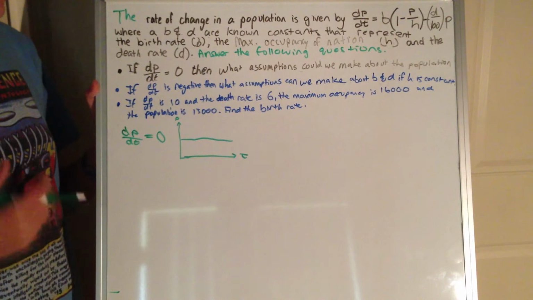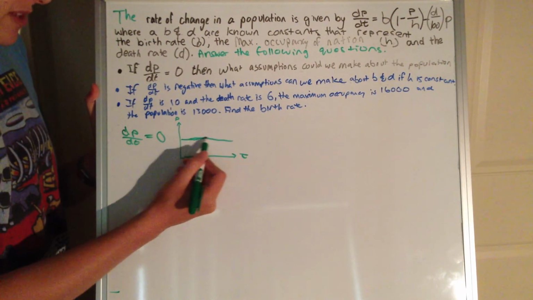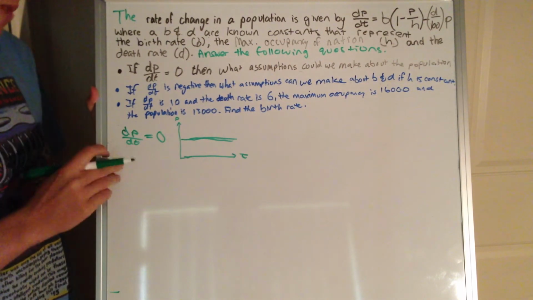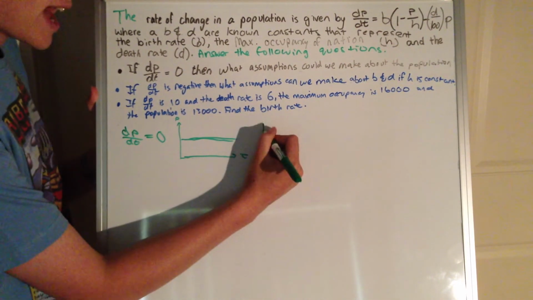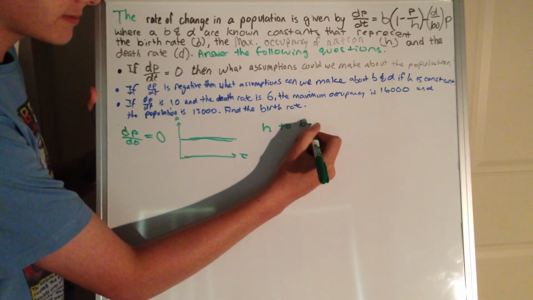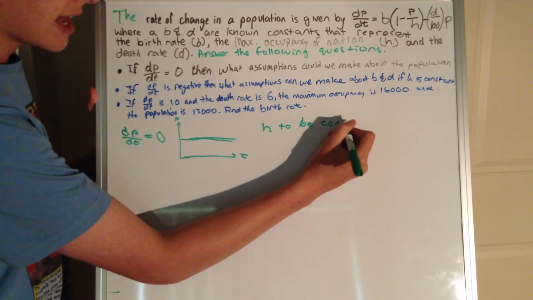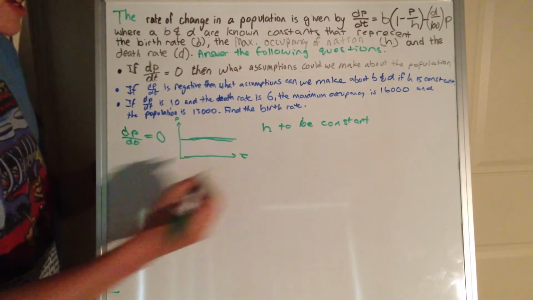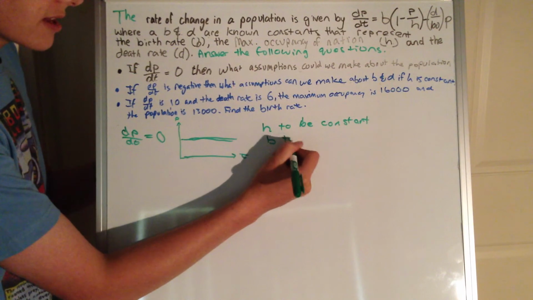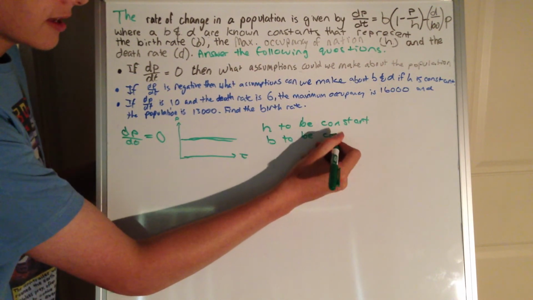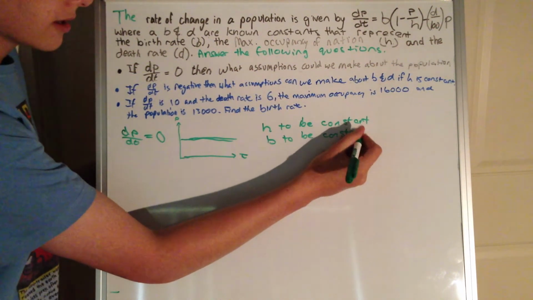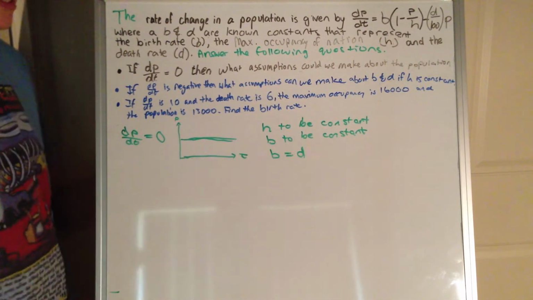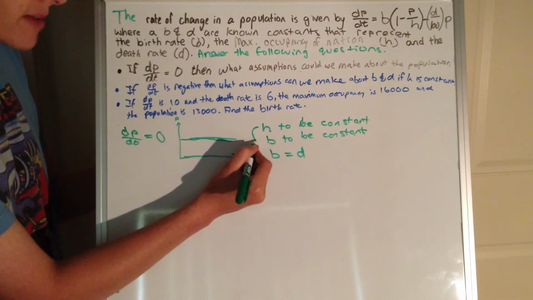So let's see, to get a 0 change, there are generally people being born and dying all the time, but one way that we could get 0 change is for h to be constant. That means that we're not having any more expansions in the maximum occupancy of the country. B to be constant. And B to be equal to D. That would be one particular scenario.